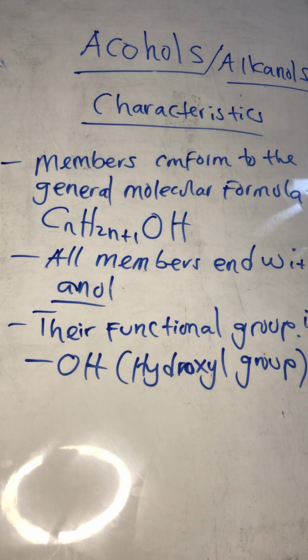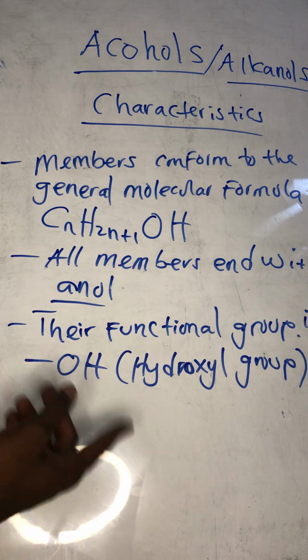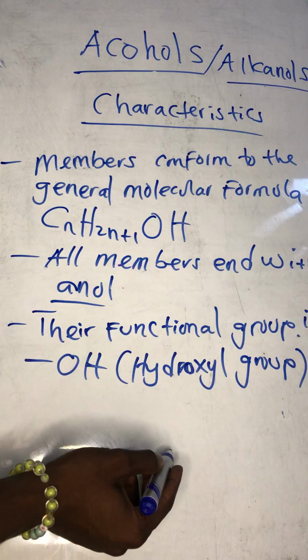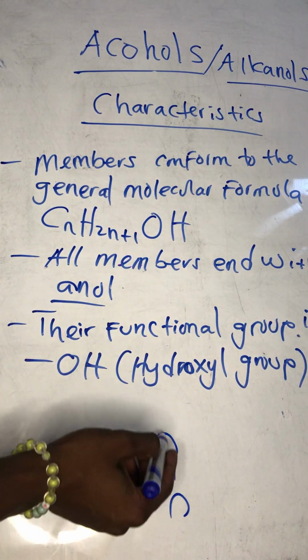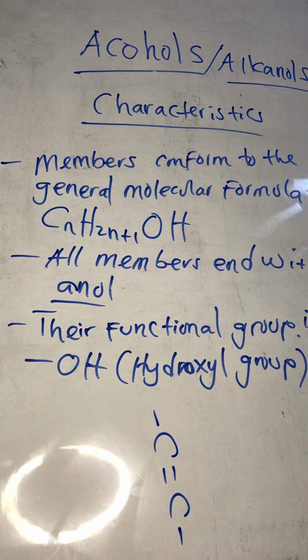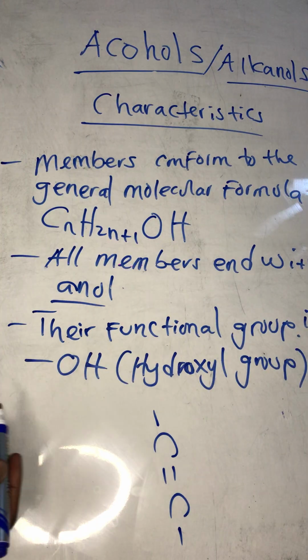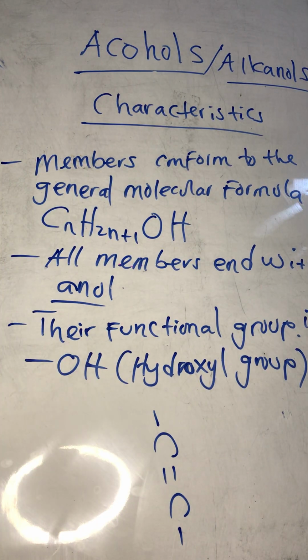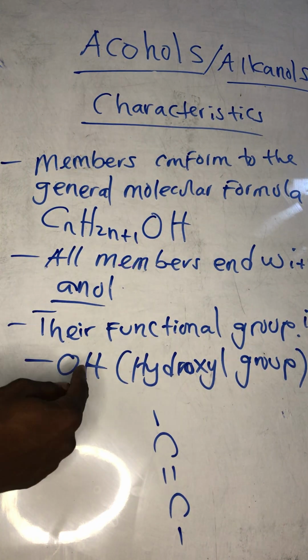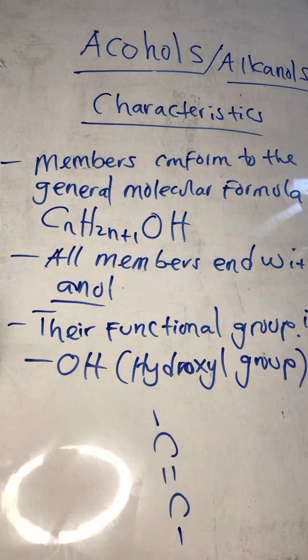What is the functional group of the alkenes? Carbon-carbon double bond. Where you see a double bond between two carbon atoms, then those are alkenes. Okay, so the functional group of the alcohols is OH, or the hydroxyl group.